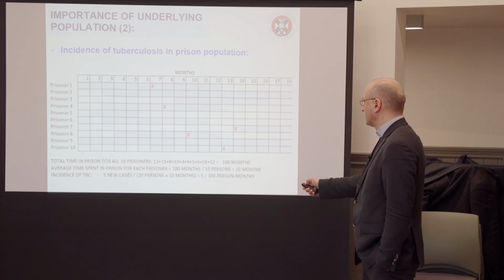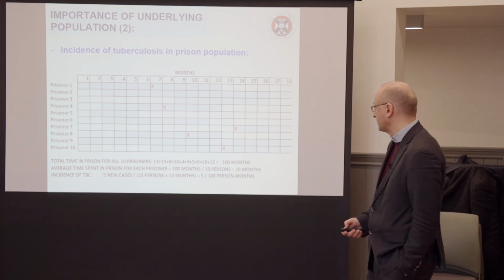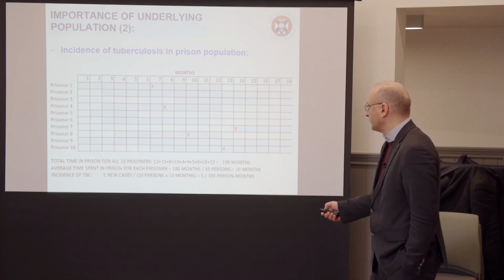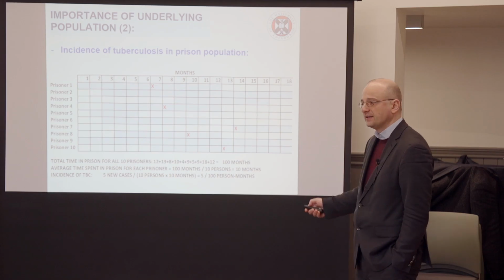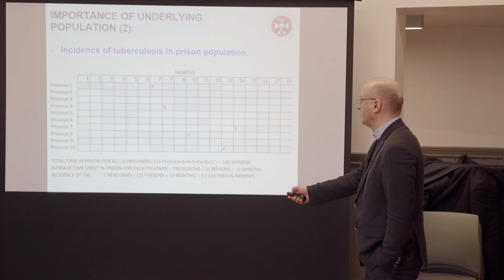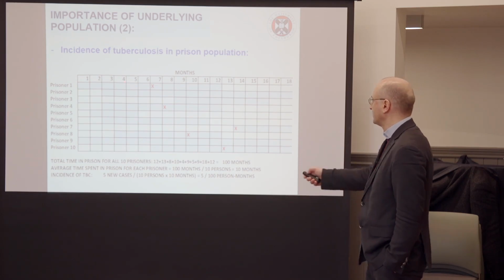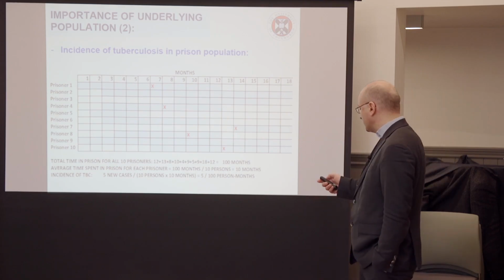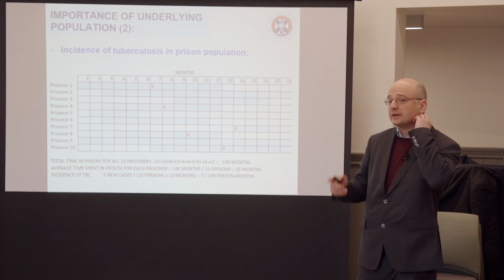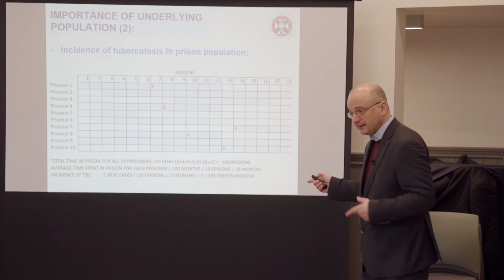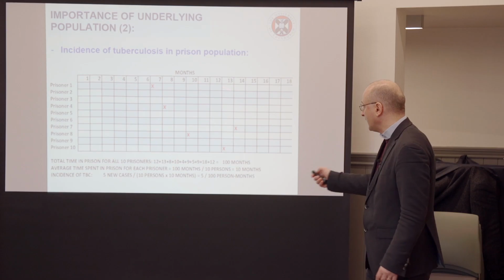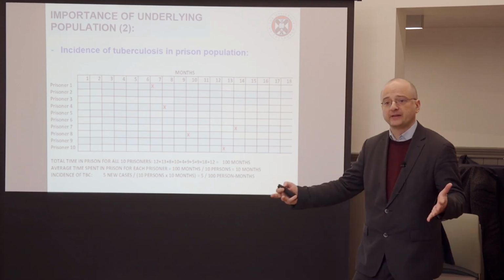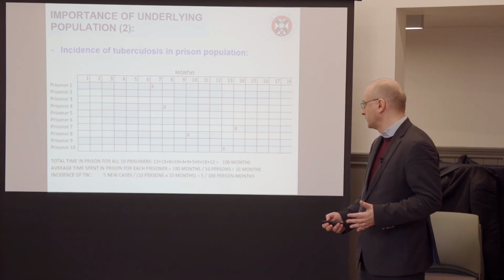And this is establishment of the case of tuberculosis. So we had 5 cases, but we had 10 prisoners, 5 cases, but we can't divide this 5 by 10 times 18 months because not all of them were there for 18 months. So we need to make sure that for each person we specify the amount of time spent in prison and add them all up because that was the period of time over which we really observed 10 people.